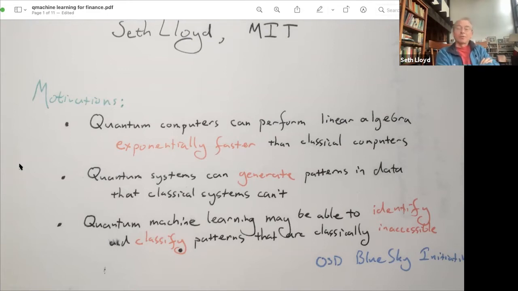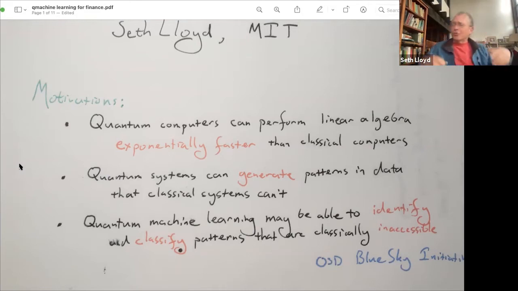Now, it's also well known, and has been known for a long time, that quantum systems can generate patterns in data that classical systems can't. Quantum systems are famous for generating strange and counterintuitive patterns in data, for generating what Einstein called spooky action at a distance, except he said it in German, spukhafte Fernwirkung, which sounds better in German, I think.